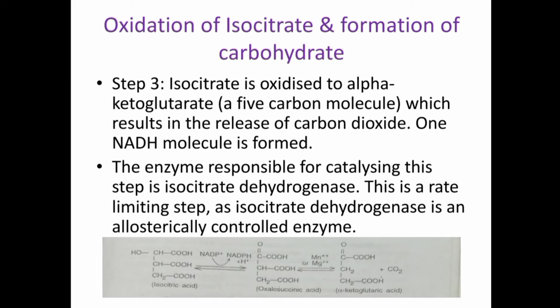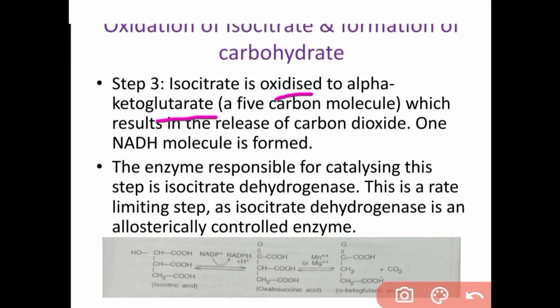Step 3, oxidation of isocitrate and formation of carbon dioxide. How? Isocitrate is oxidized to alpha ketoglutarate, which is a 5 carbon molecule, which results in the release of carbon dioxide. 1 NADH molecule is formed.